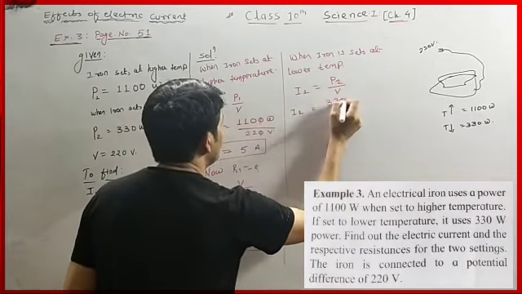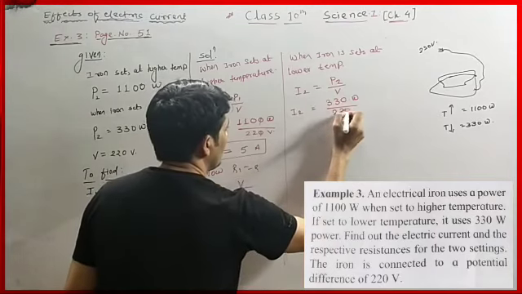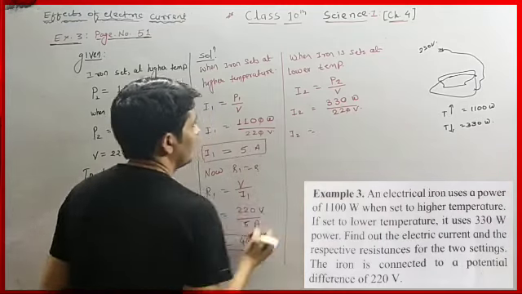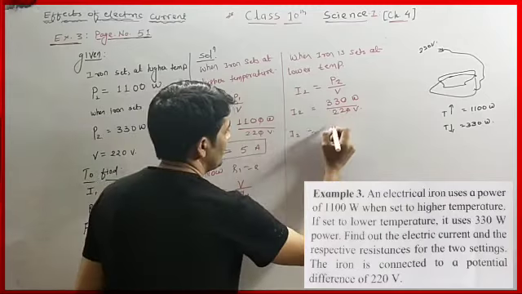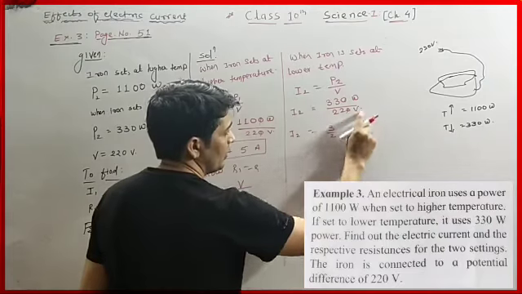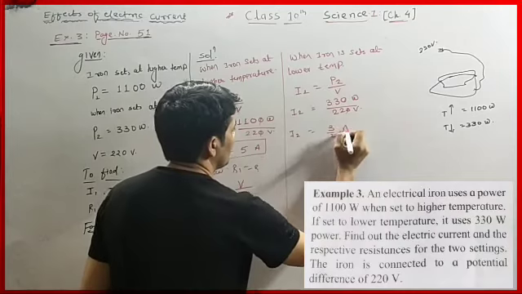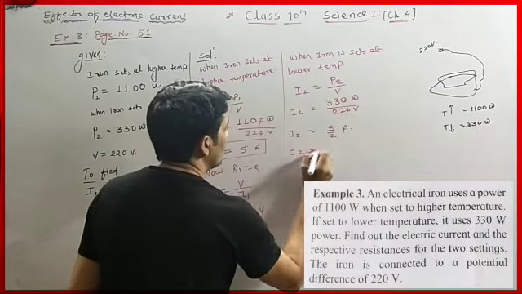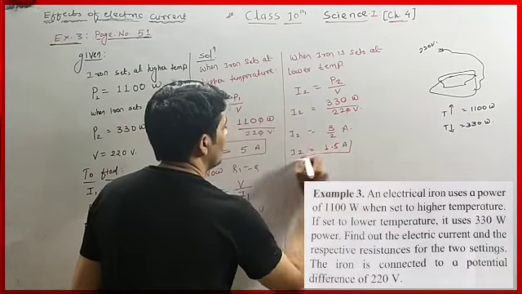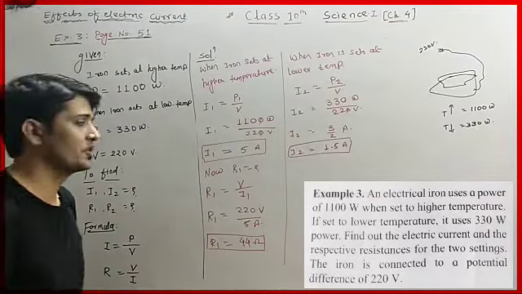It is 330 watt divided by the potential difference of 220 volt. So I2 equals, this will get cancelled, 11 twos are 22, 11 threes are 33, so we will get 3 by 2. Watt per volt is ampere. If you solve this, we get 1.5 ampere. So this is the current when the iron is set at lower temperature.